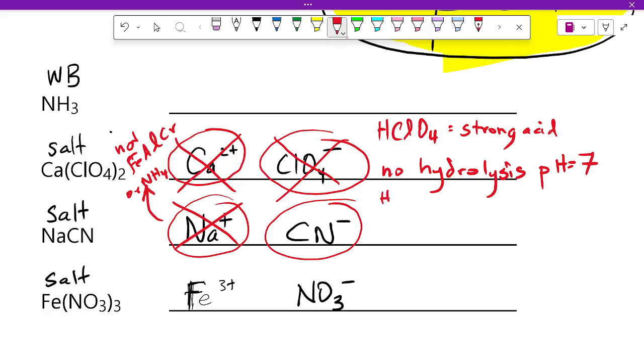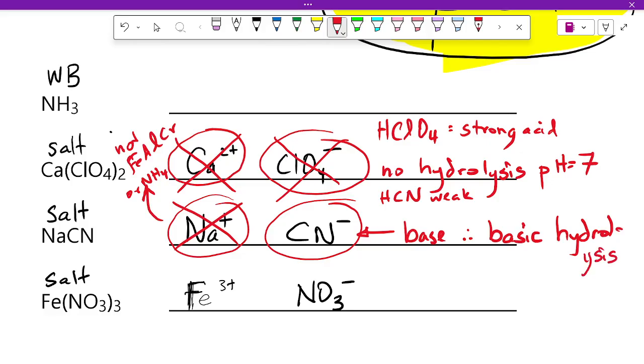Yes. HCN is weak. And so is CN- going to give us acidic hydrolysis or basic hydrolysis? Is CN- an acid or a base? It's a base. It has to be a base because it doesn't have a hydrogen, right? I'm just going to write hydrol because I'm running out of room. Okay? Hydrolysis.